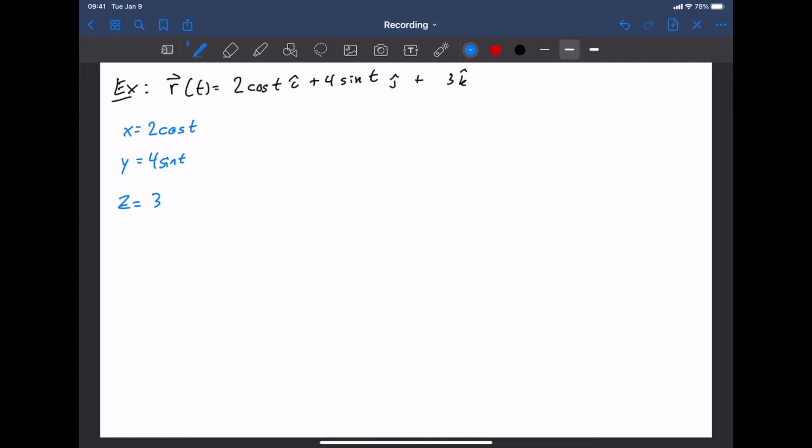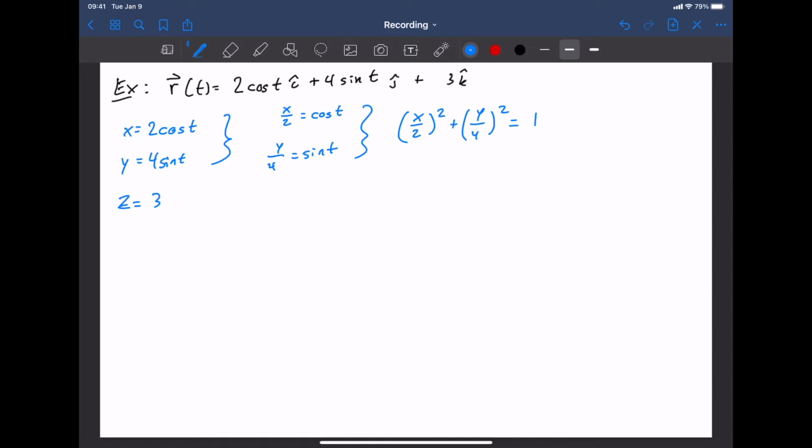Again, we're going to try to eliminate the parameter. Do you remember how to eliminate the parameter when we have a cosine and a sine? This looks like, well, x over 2 equals cosine, y over 4 equals sine. And so what we have here is (x over 2) squared plus (y over 4) squared equals 1.